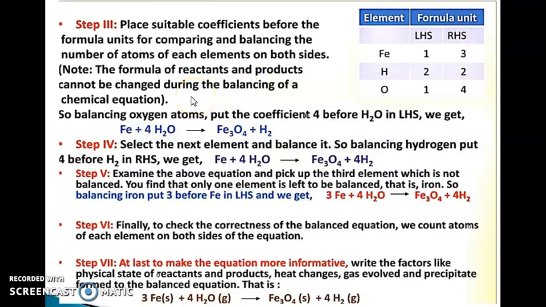Means at the time of balancing any chemical equation, we will not change the chemical formula of any element as well as any compound. Second thing, we have to put a numeric coefficient just behind the chemical formula of the particular compound which we want to balance.